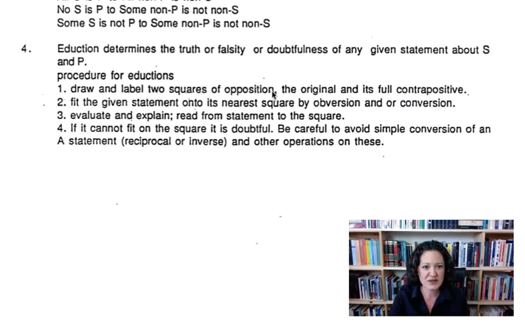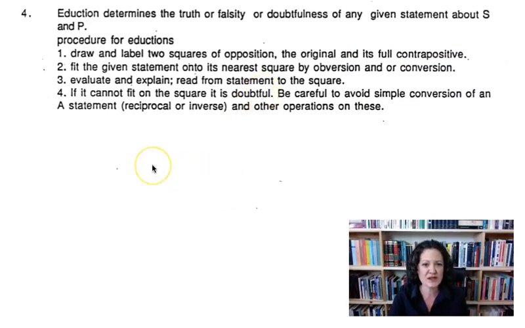Now, eduction, you will do. This is what we're going to do in our next video. So let's read through it, and then I'm going to do it with you. All right, so eduction determines the truth or falsity or doubtfulness of any given statement about S and P. And we're going to find out there's 32 ways to put S and P together. So here's what we're going to do for eduction.